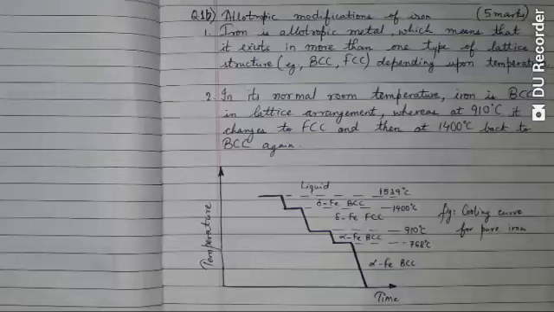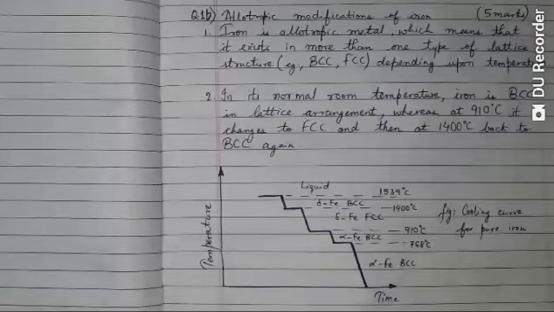At normal room temperature, iron is BCC, it is body centric in lattice arrangement, whereas at 910 degrees Celsius it changes to FCC, that is face centric, and then at 1400 degrees Celsius it comes back to BCC again.